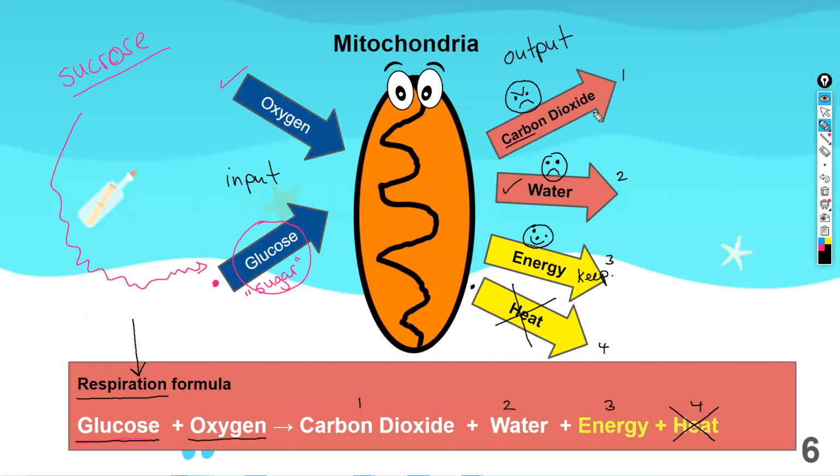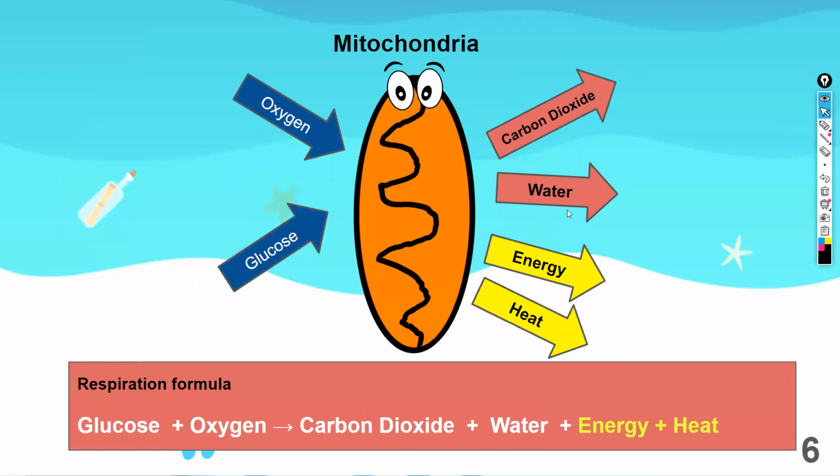What's the most obvious thing to do? You need to get rid of them. So you all are letting me know. Don't worry, eventually I will show you how your body will get rid of that water and that bad carbon dioxide. Okay? So let's move on to the next slide now.